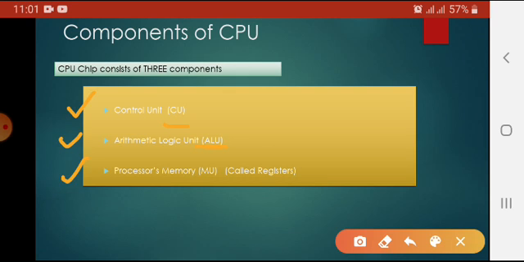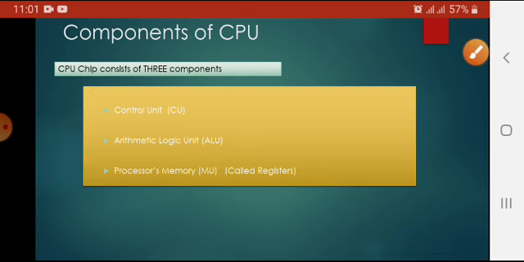The memory which is held by the CPU is called the registers. So, a CPU is divided into its three parts: number 1, CU, number 2, ALU, and number 3, MU. Let's discuss them.